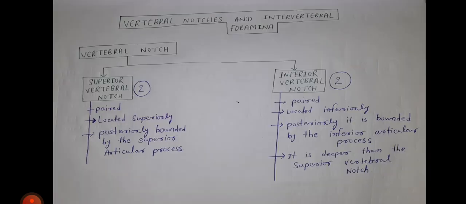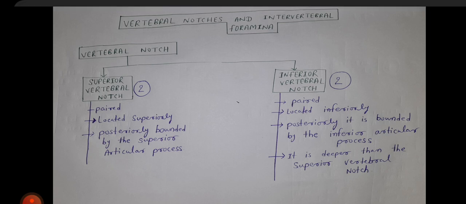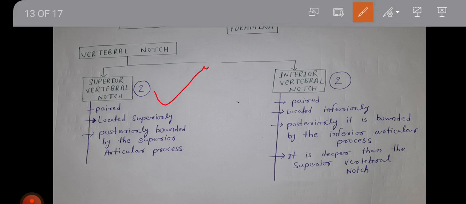Next is vertebral notch and intervertebral foramen. There are superior vertebral notch and inferior vertebral notch. Superior vertebral notches are 2 in number and inferior vertebral notches are also 2 in number.